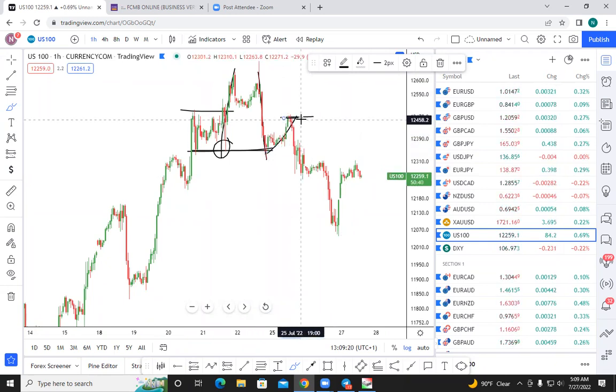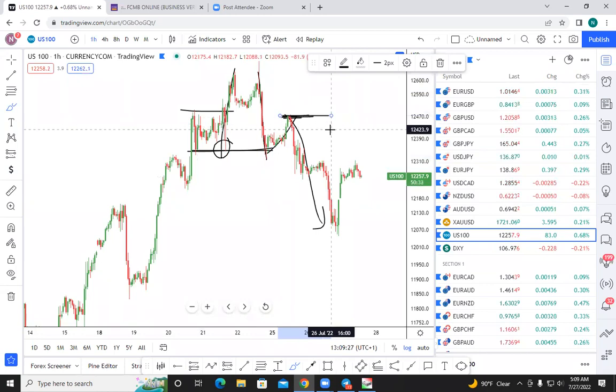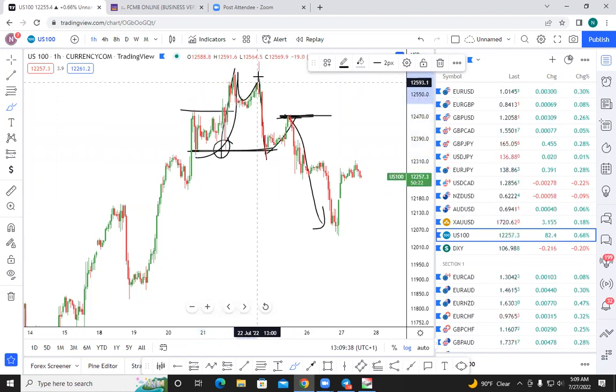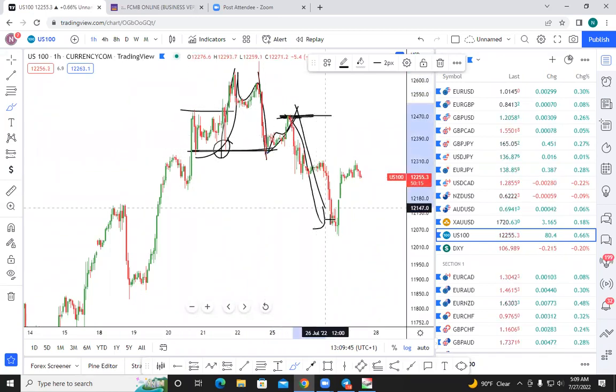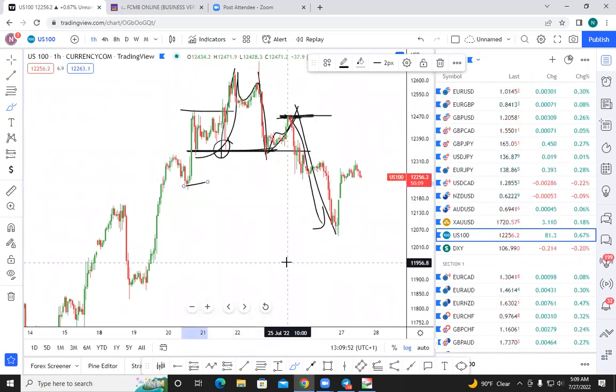I said no. Even though it sold from there, it does not mean that it was right to sell here. The reason is that potentially we're still in the uptrend at this level. Why? Because this low has not been taken. It made a move up, the market made a correction to that level, and it's still going. So we are seeing an uptrend. Now we are in a downtrend. Why? The last low here has been taken to the downside.